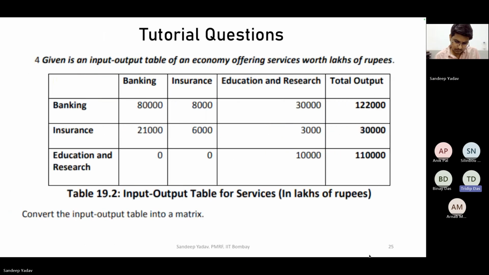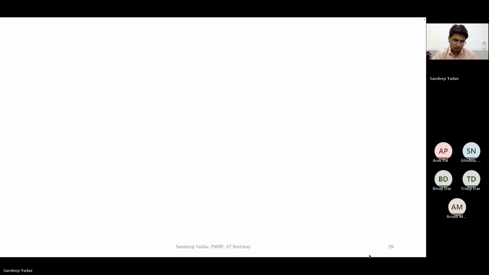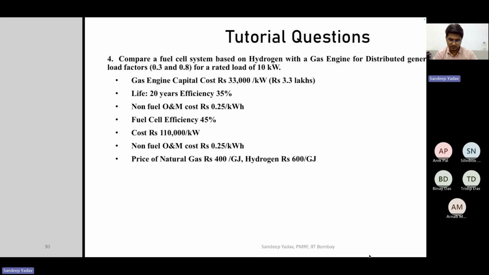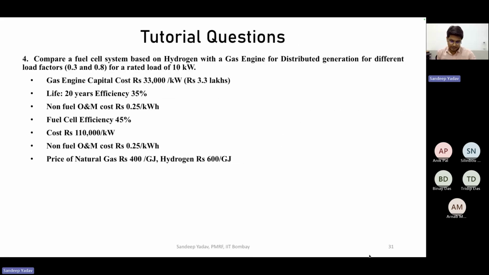Sir, the last one is related to the Leontief inverse. Correct. Both of these questions are related to the Leontief inverse. I think I should start with this one. This is more related to this week's question.